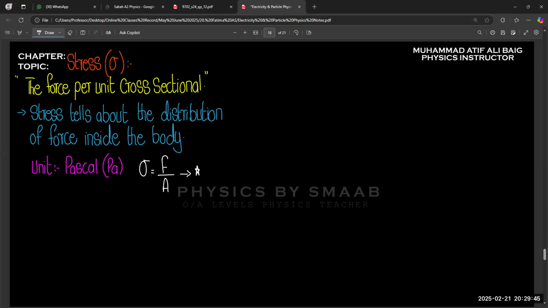And the other quantity is strain, because when we apply force on any body in a certain area, definitely there will be some reaction on the body, like a change in the length, the size or the shape of the body. That is called strain.